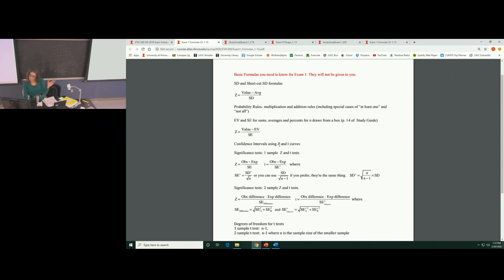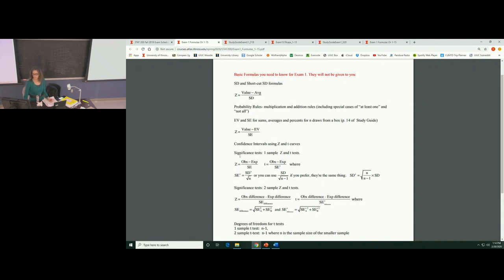Like a 95% confidence interval would be 2 standard errors for the z and a little bit more for the t. So you need to remember how to get those critical values. So review that by looking at the tables.